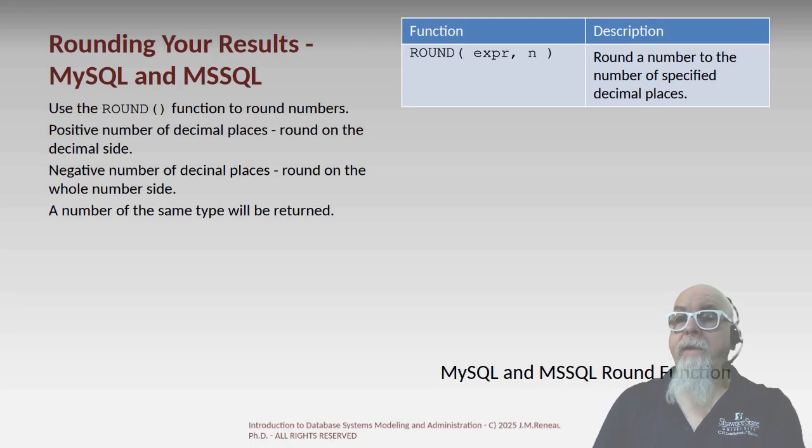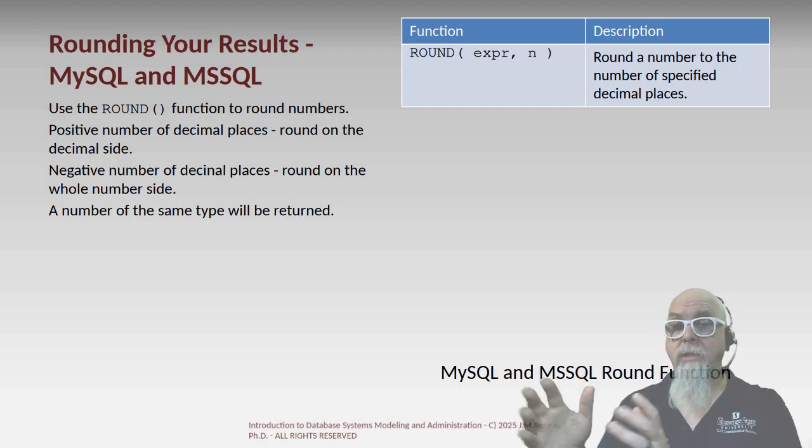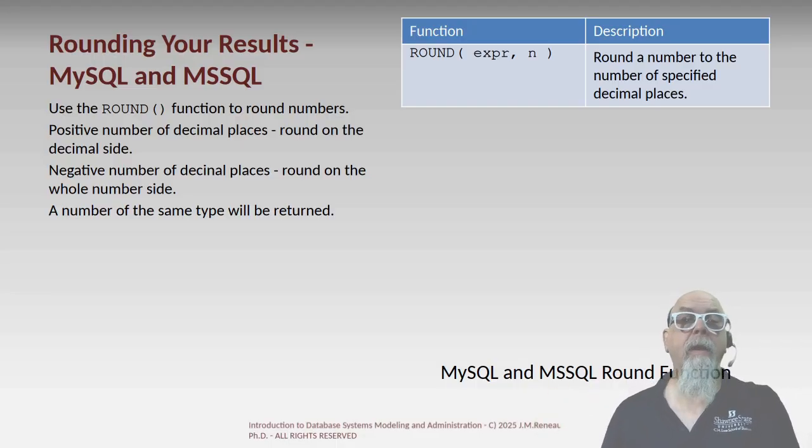When we're doing math, especially division and such, we sometimes get really long decimal answers that really aren't meaningful, and we need to round them. The rounding is different based upon the different databases and exactly how rounding is done. So there'll be several slides here on rounding.